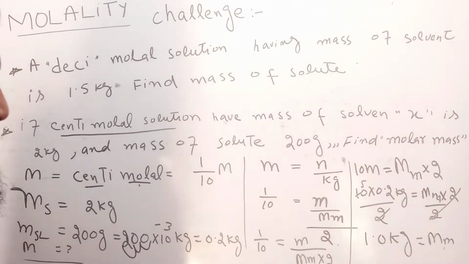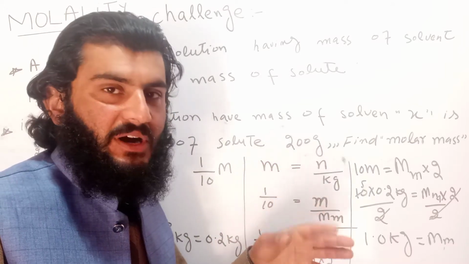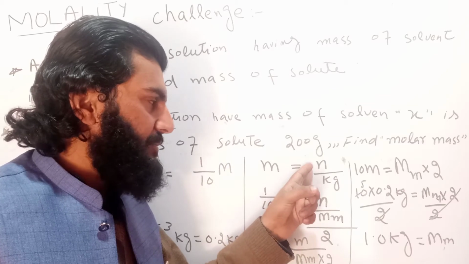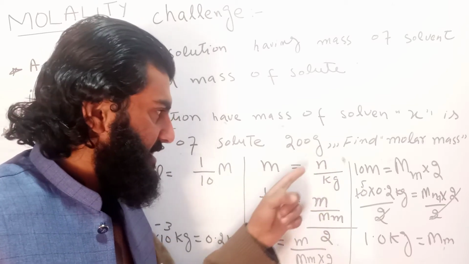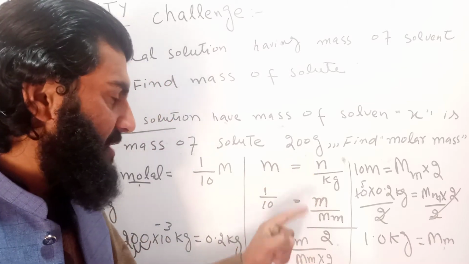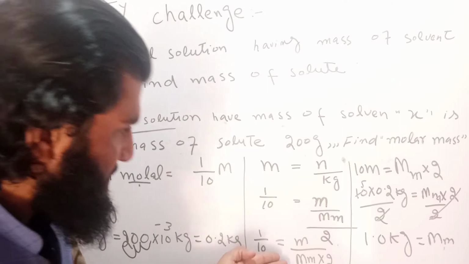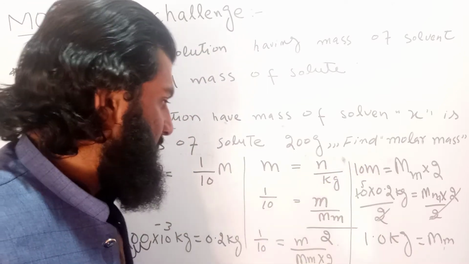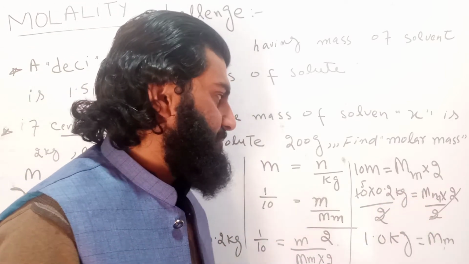We know that molality is equal to the number of moles of solute in kilogram of solvent. So molality is 1 by 10. Number of moles is mass divided by molar mass, divided by kilogram of solvent. By cross multiplication and dividing both sides by 2, the answer is the molar mass.